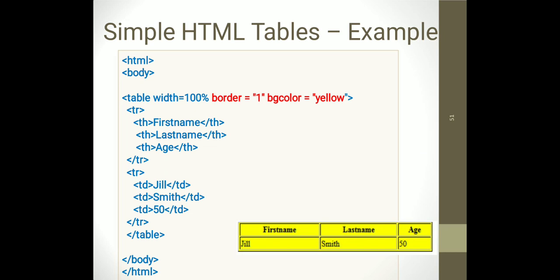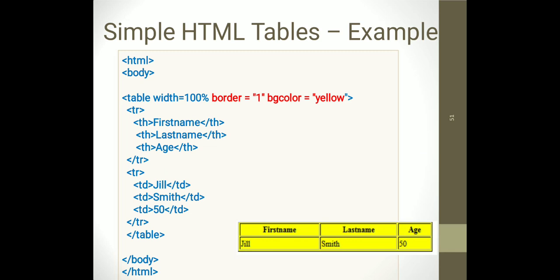started with the width 100%, border equals to 1, background color yellow. Okay, so you can use so many things like text formatting as well in a table. Just you need to include proper tags. Okay, so here you can see the border is an attribute actually, and it is holding the value 1, so that 1 defines the border of your table will be of size 1.